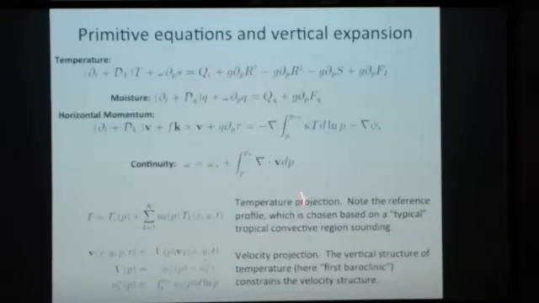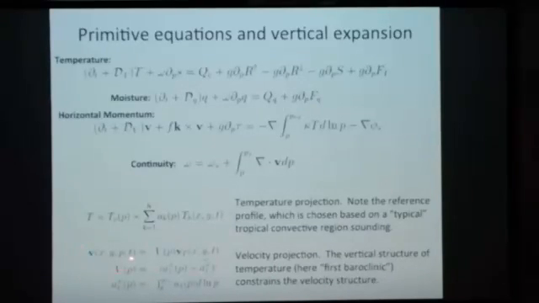What I'll be talking about mostly in this presentation is just QTCM1. It's QTCM1 because it just has k equals 1, so it's just the reference plus the first term. And then the velocity projection, basically taking the velocity field and using the vertical structure of temperature, which we'll talk about, to constrain the velocity profile that we're projecting onto.